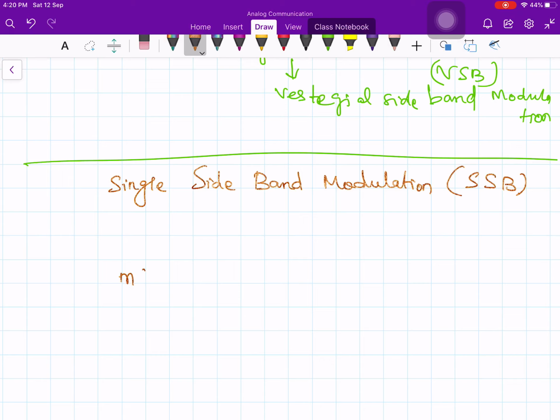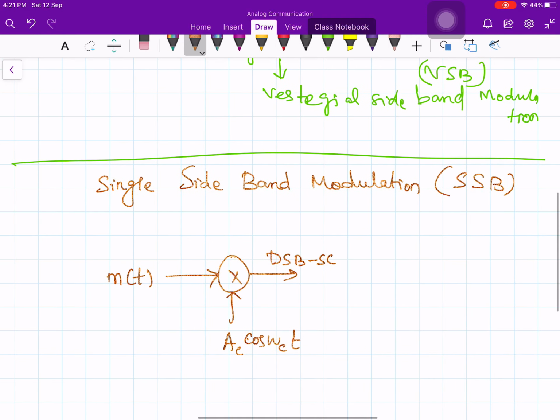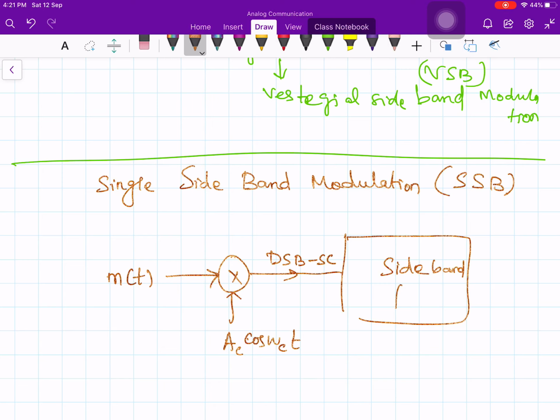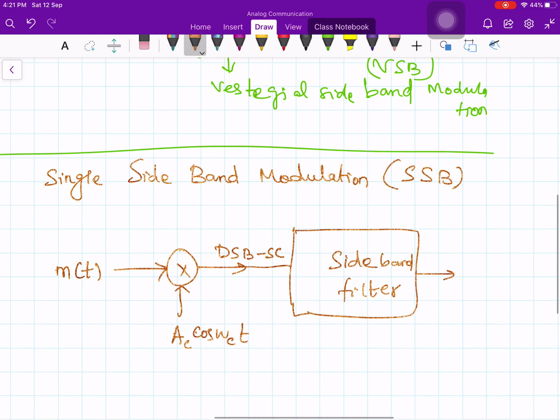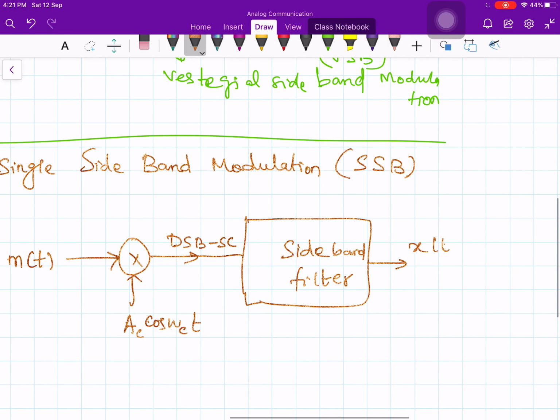You take m of t and give it to a product multiplier, and the other input is your carrier component Ac cosine of omega ct. And what is this? DSB-SC. Okay, and then what you do is filter out one sideband, any one sideband. So therefore I put a sideband filter. Either you remove the upper sideband or the lower sideband completely. Now let me call this x of t. This is the modulated signal, I mean the single sideband modulated signal. That's it.